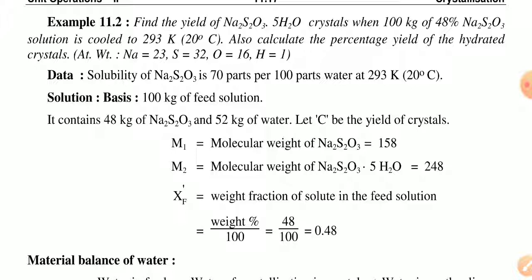M1, the molecular weight of Na2S2O3, is 158, and M2, the molecular weight of Na2S2O3·5H2O, is 248. X dash F is the weight fraction of solute in the feed solution, 48 by 100, which is 0.48.